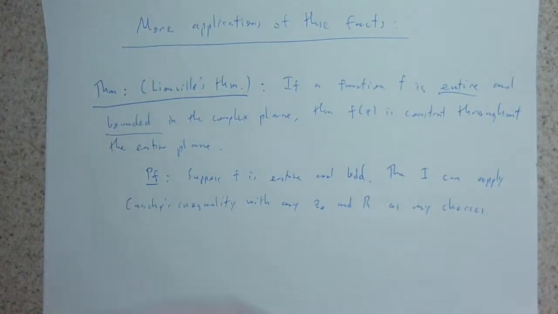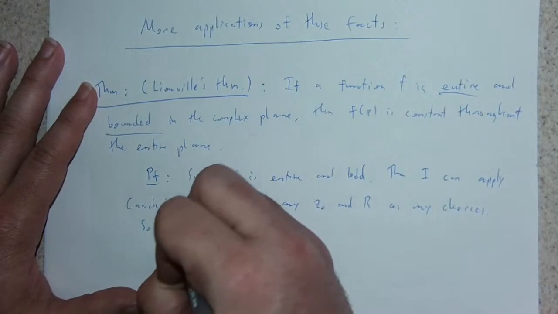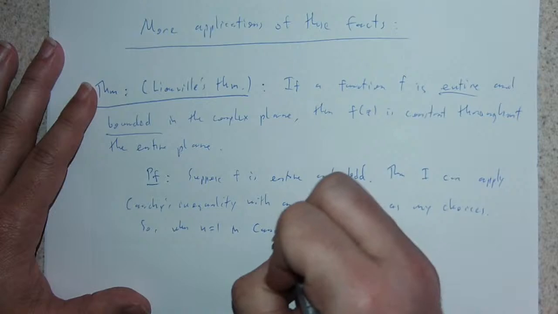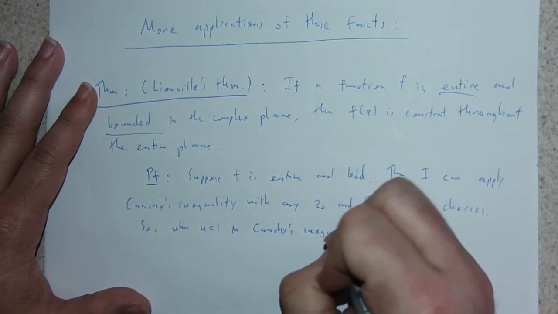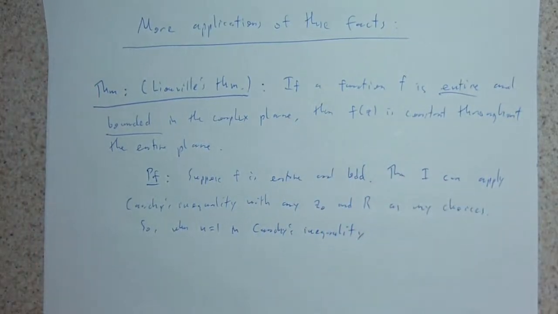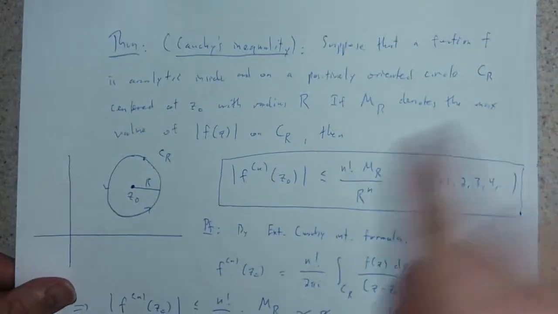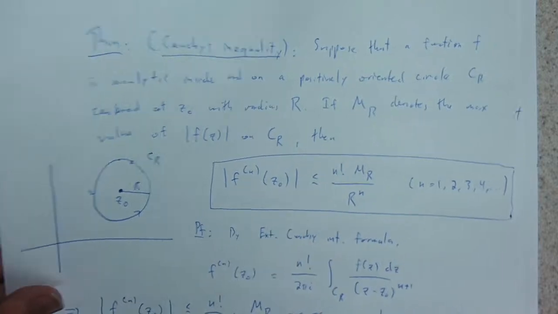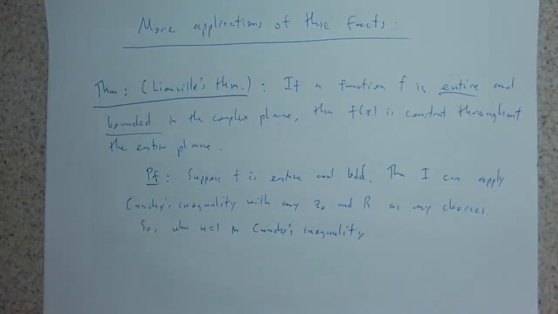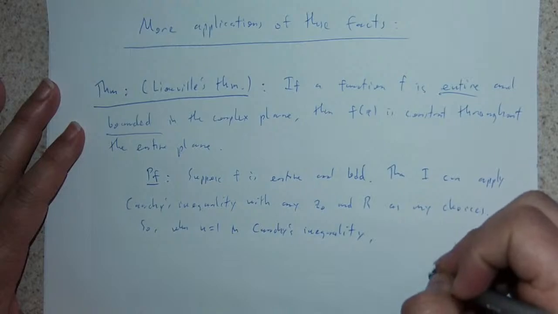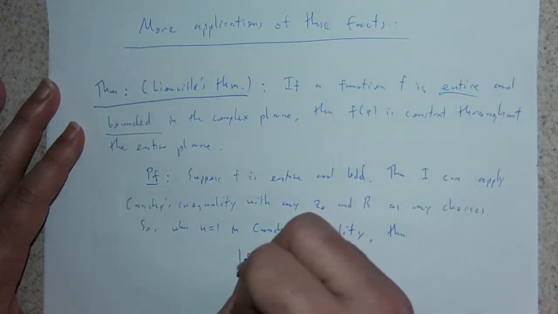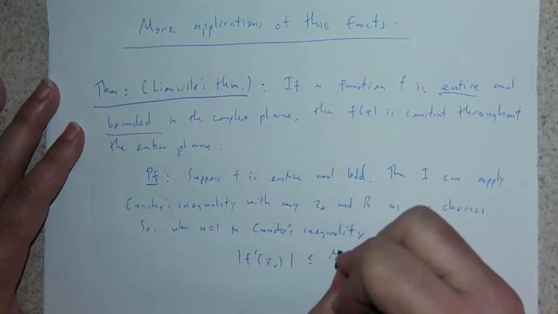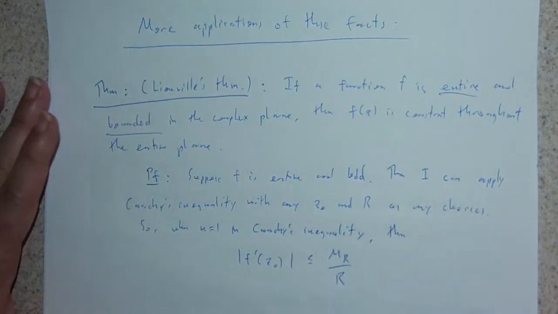So, when n is equal to 1 in Cauchy's inequality, let's bring that back for 1 second. Here's Cauchy's inequality. If I take n to be 1 here, this is going to provide me with a bound on the first derivative at that point. Then the modulus of f prime at z naught is less than or equal to m sub r over r.